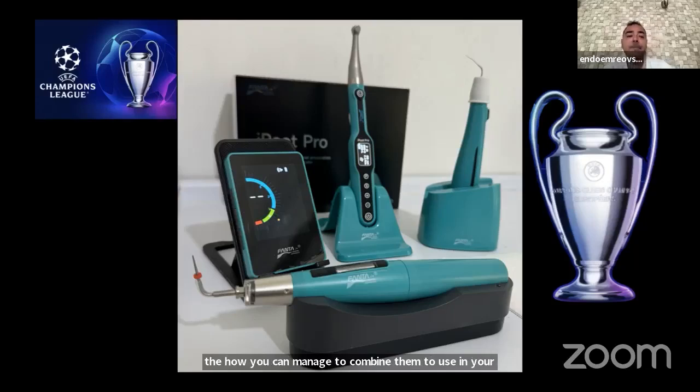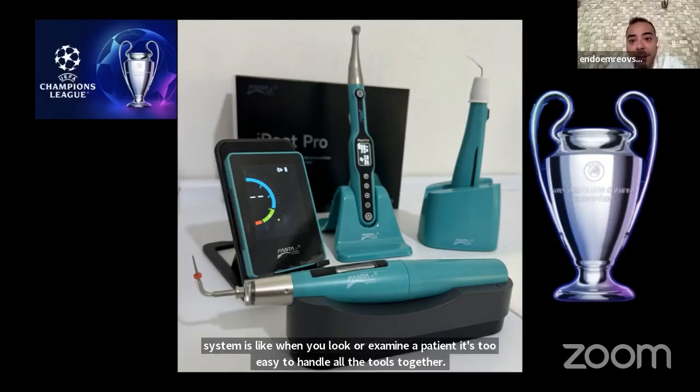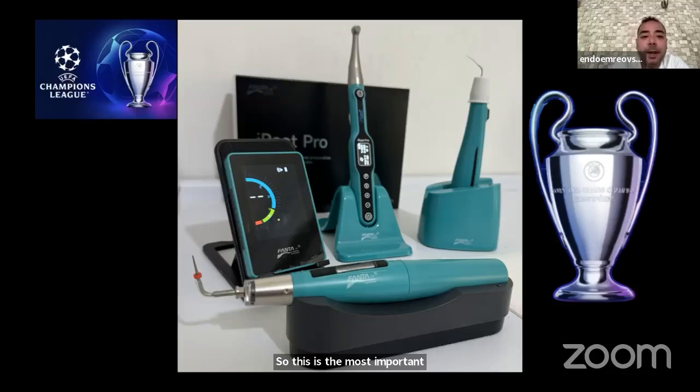Believe me, the most interesting part of the system is that when you examine a patient, it's too easy to handle all the tools together with a pedal. So this is the most important part of the system. And I believe if you try to use this system in your clinical practice, you will be so efficient in every endodontic case, and you can easily manage all your setup for endodontic treatment.